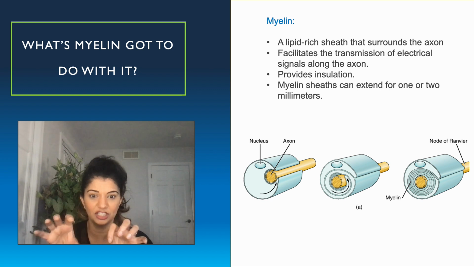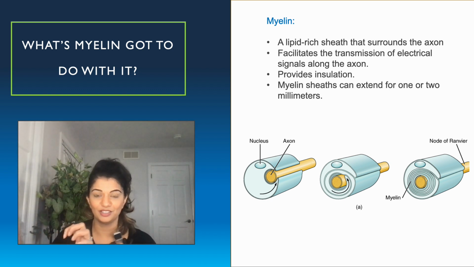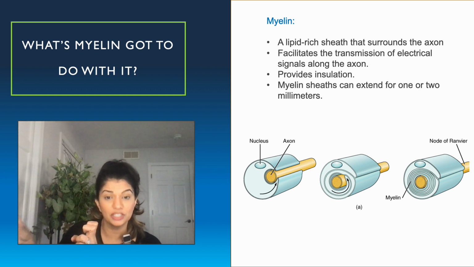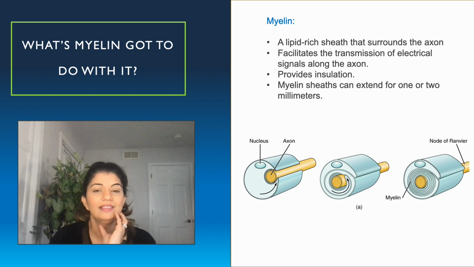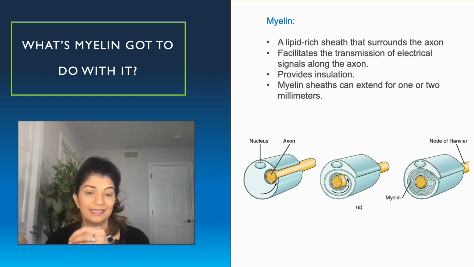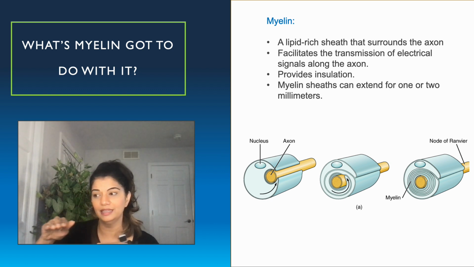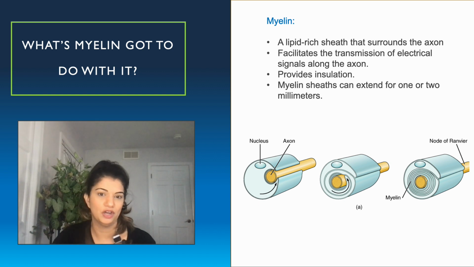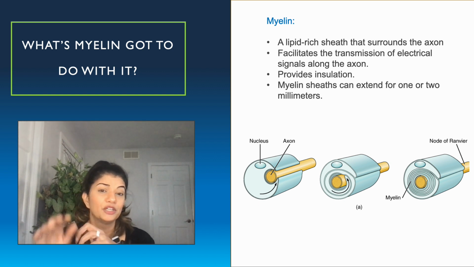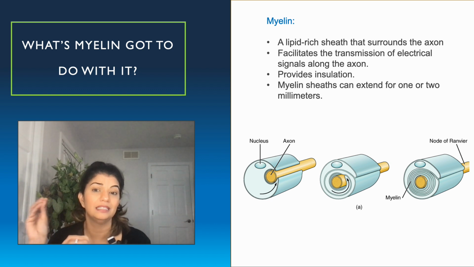It's sort of like a Tootsie Roll along the axon, but there are gaps between each Tootsie Roll. These nodes act like relay stations, and they enable the signal, instead of going linearly, to hop or jump from one node to the next. This is called saltatory conduction.